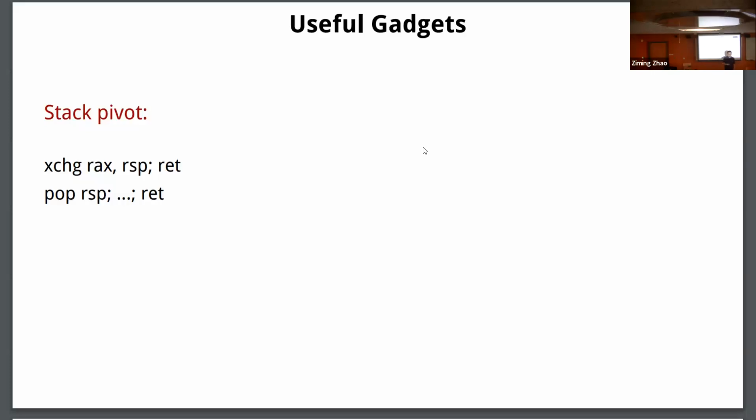The first return address you overwrite must point to a gadget like that. That gadget will swap the value in EAX with ESP, and in EAX, you compute that.